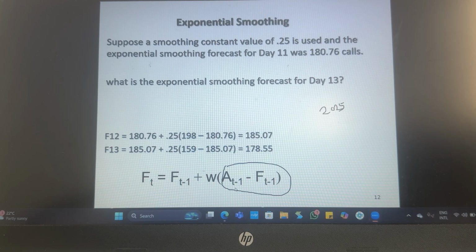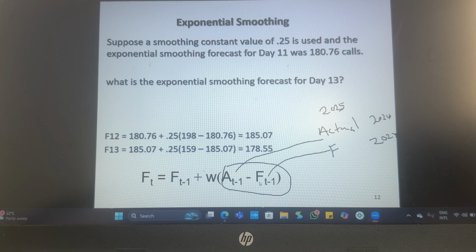T minus 1 is 2024. So At minus 1 is the actual in 2024, and this one is the forecast, again in 2024. So now we are taking the difference.